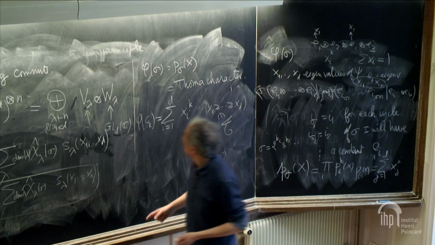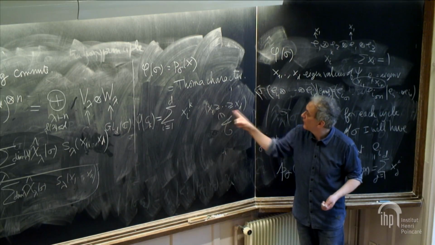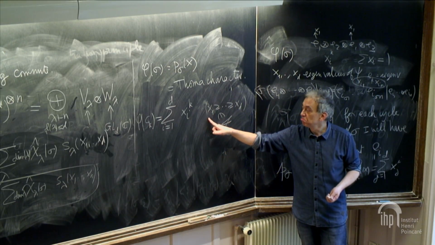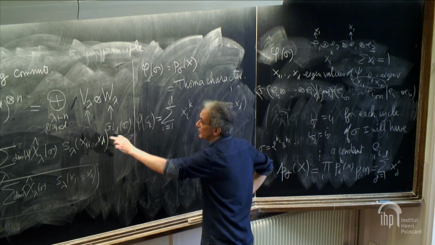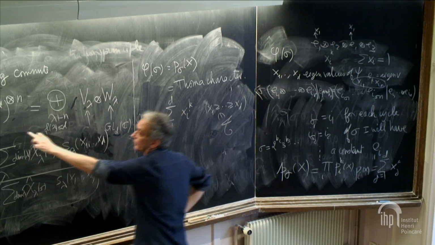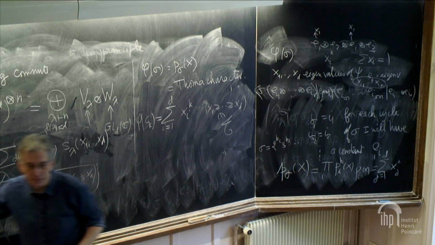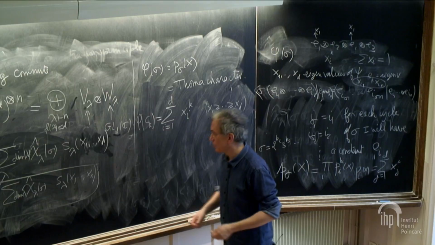But now what happens if we have negative entries here? Instead of taking this representation that I mentioned, you multiply it by the signature representation.